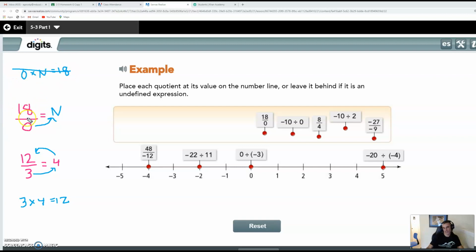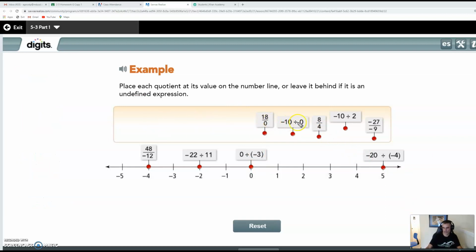We say that this is undefined. It doesn't have a value, so they want us to just leave it in the little tray up here. Negative 10 divided by 0 is the same thing. You can't do it, it doesn't make sense, so we will leave it in the tray.